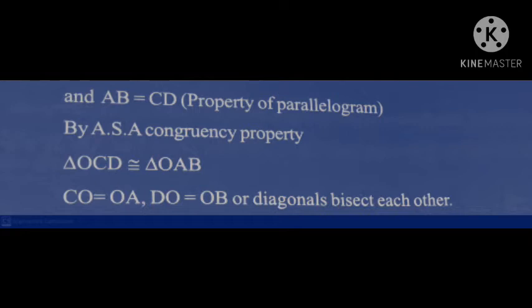So CO is equal to OA, DO is equal to OB because corresponding parts of congruent triangles, and also diagonals bisect each other. If we check, the converse is also true. That means if diagonals of a quadrilateral bisect each other, then it is a parallelogram.